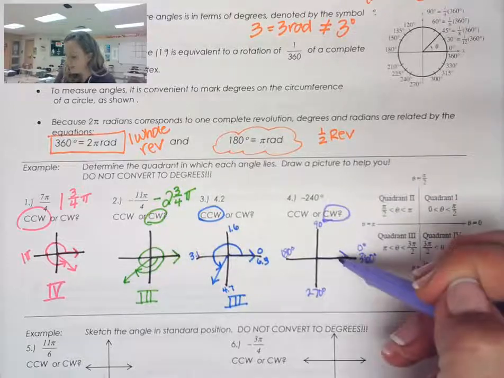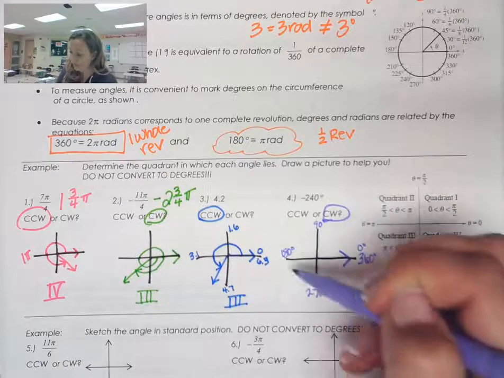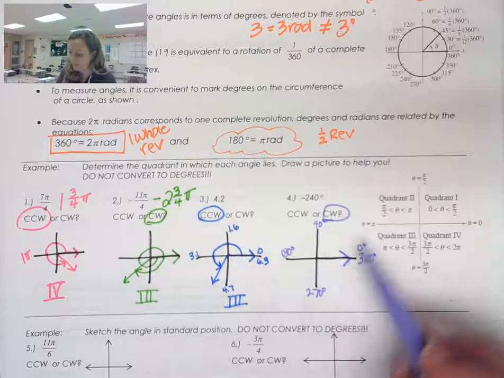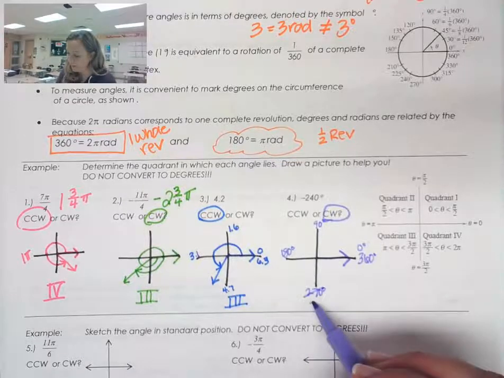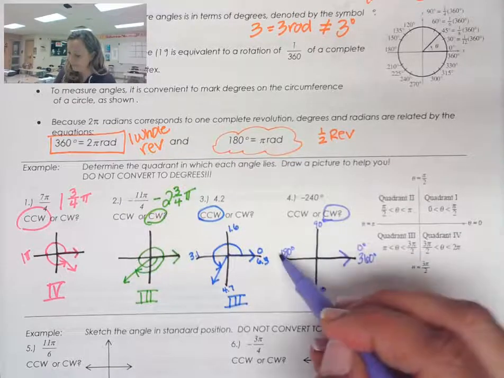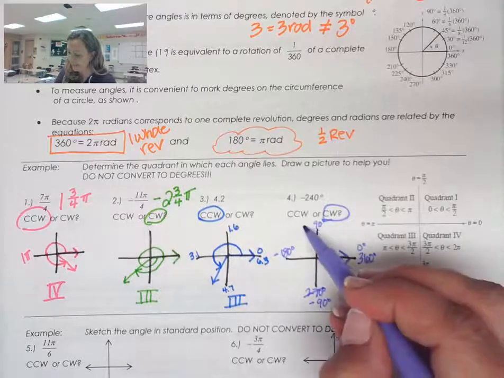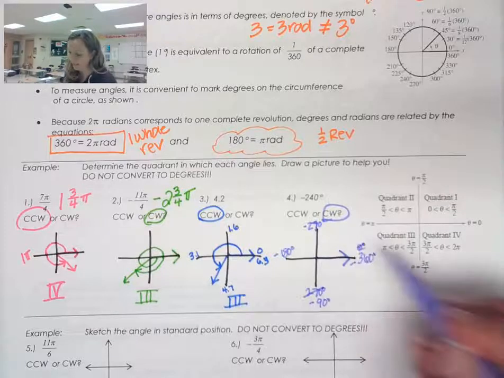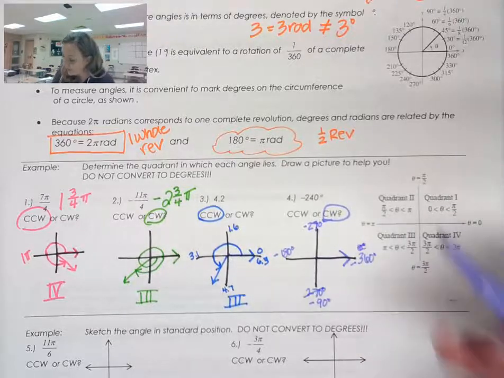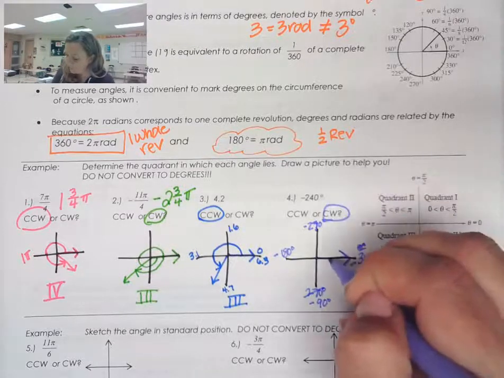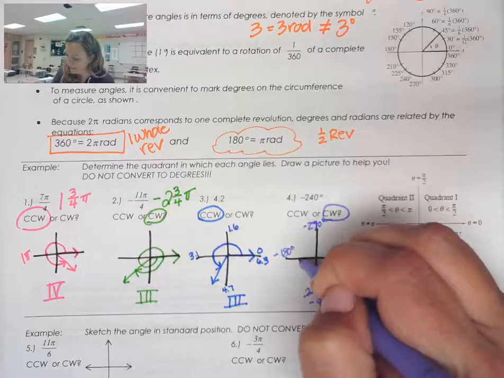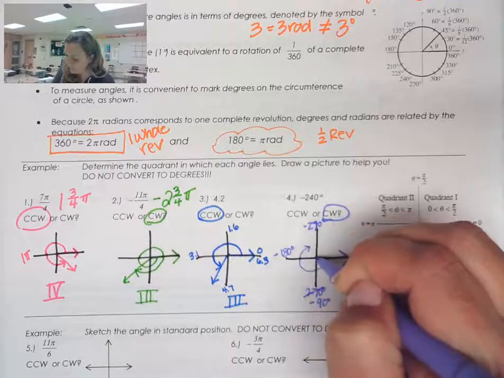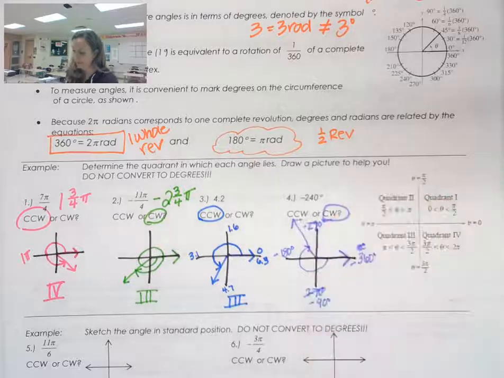So again, if you're counting backwards this way, then we just have these flipped. So this really we want to think about as -90, -180, -270, and then -360. So if we wanted to go to -240, we would go backwards to 180, but then not quite to 270, in that negative direction.